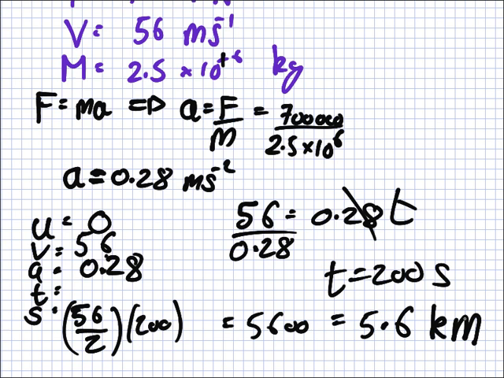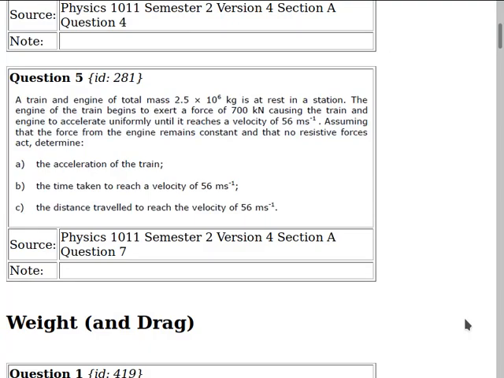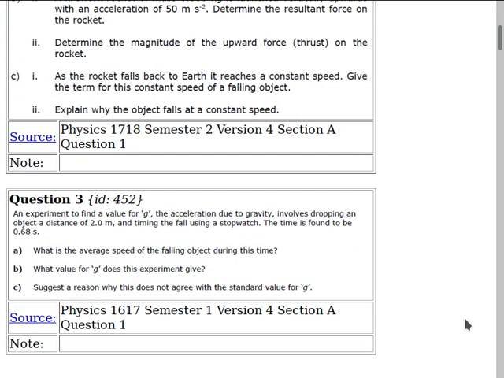All fine, I hope. Question 2 on weight and drag. You got number 1 okay? Number 1 you have to describe, wasn't it? Was number 3 okay?